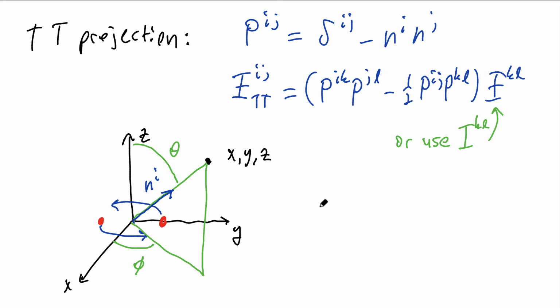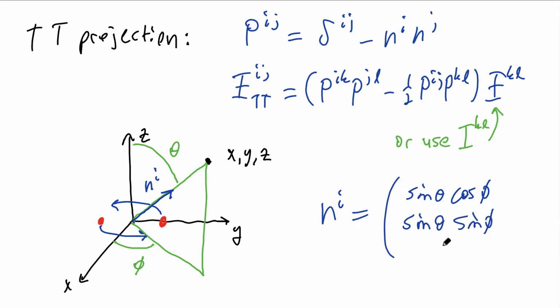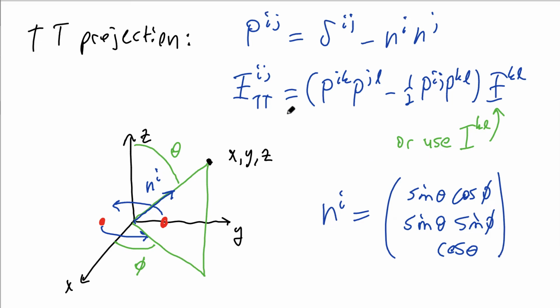Then the xyz coordinate components of the unit vector n are just sine theta cosine phi, sine theta sine phi, and cosine theta. Now in principle, the calculation of the TT components of I bar is straightforward.